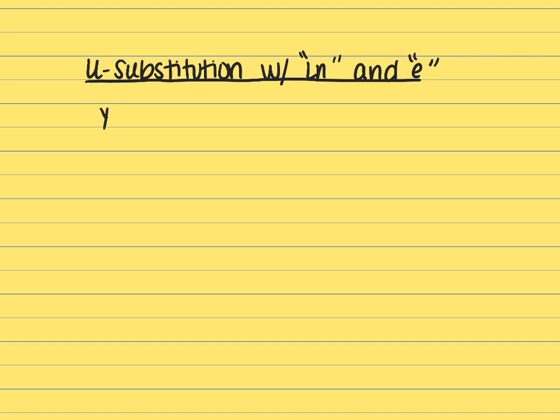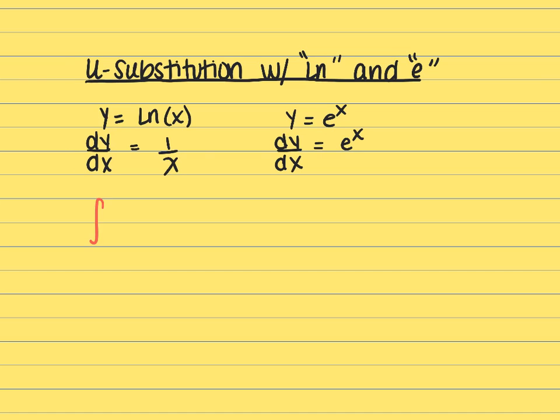So if I have y equals ln of x, we know the derivative, dy dx, is 1 over x. And if I have y equals e to the x, we know the derivative, dy dx, is just e to the x. So if I want to go backwards and take the antiderivative, the antiderivative of 1 over x dx is nothing other than ln of x.